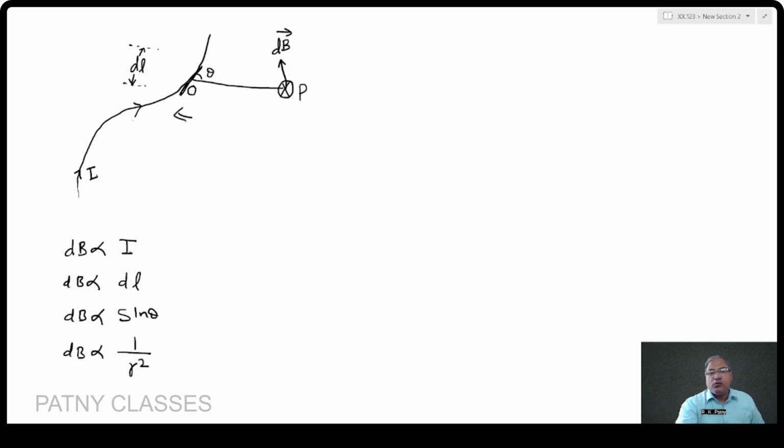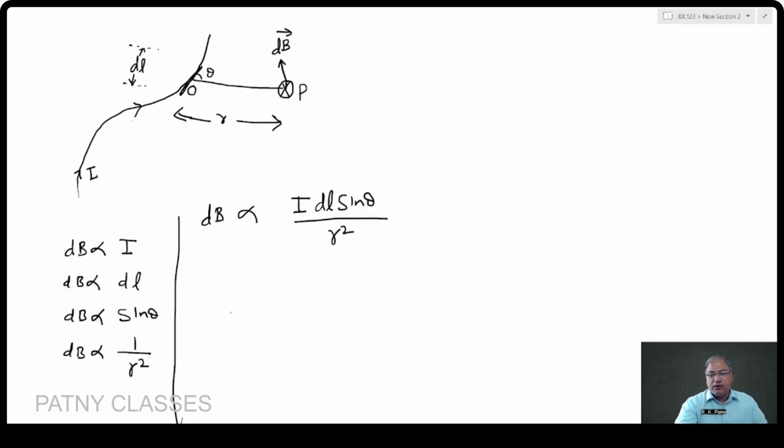This distance is equal to R. If R is changing, then the value of the magnetic induction is also changing. So these are the 4 factors. Now we will combine all 4 factors to make one single equation. What is that? dB is directly proportional to I dl sin theta upon R square.